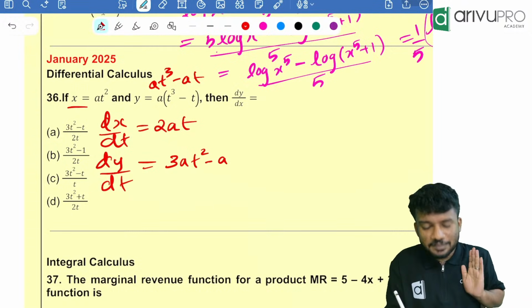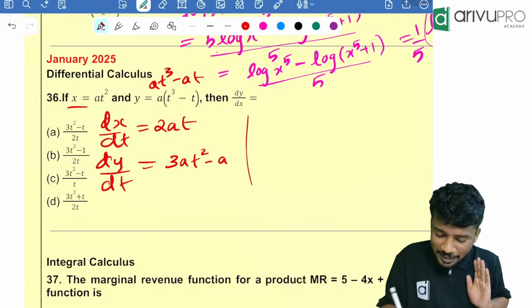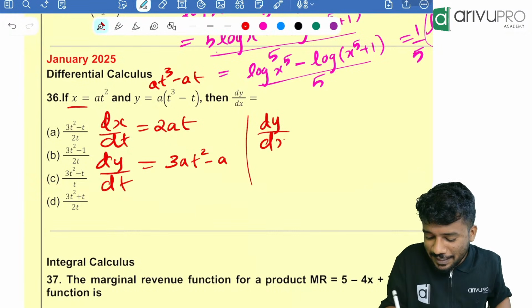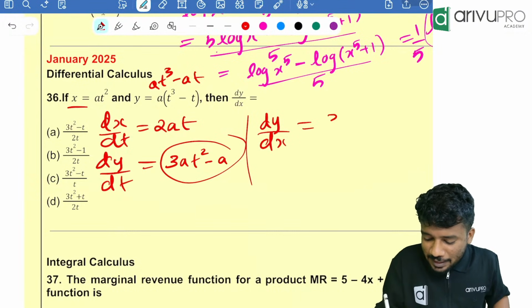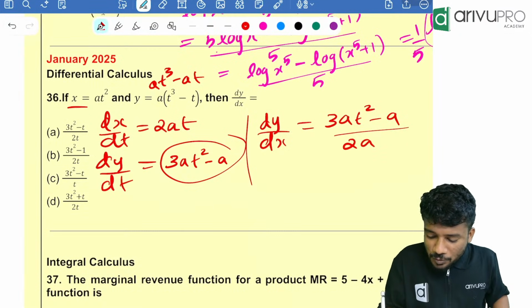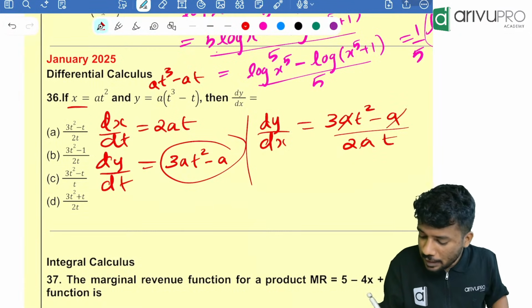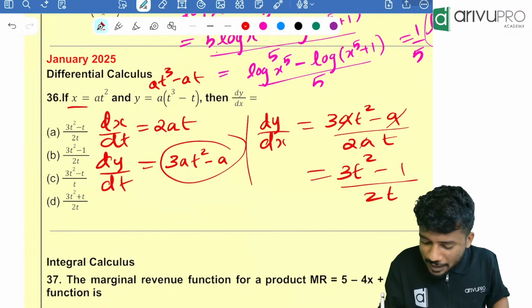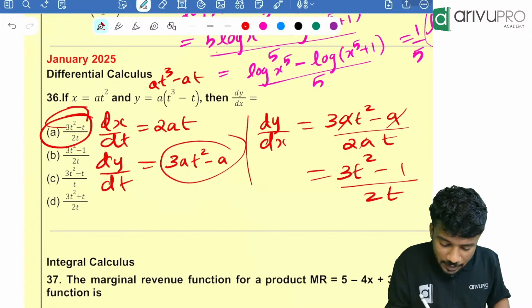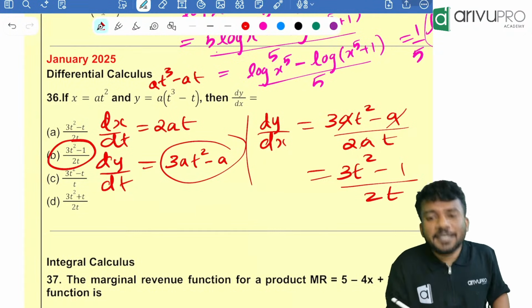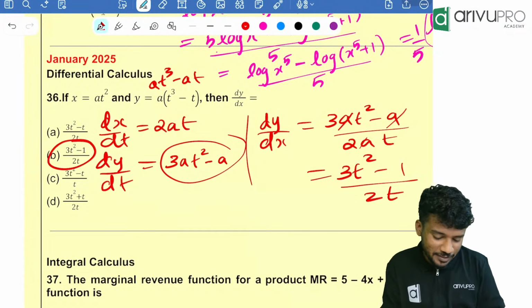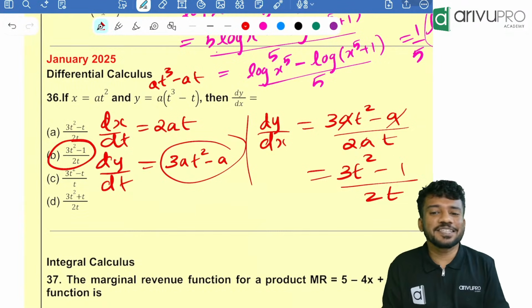Till here everything is fine. Yes. Now people, get me the answer of dy by dx. That is nothing but 3at square minus a divided by 2at. A cancel. What is remaining? 3t square minus 1 divided by 2t. Which option is the answer? Yes, option B is your answer.